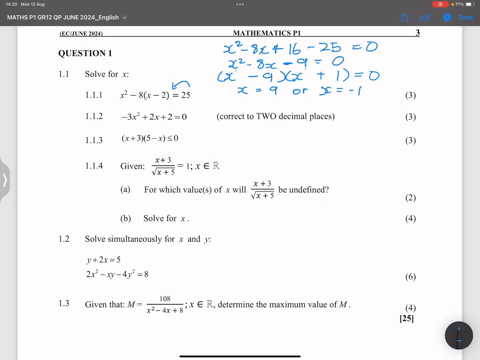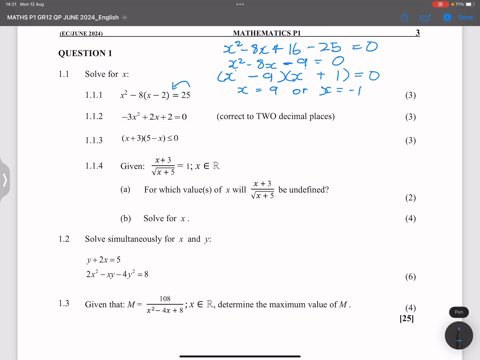Now let's go to the second question. They say to us minus 3x squared plus 2x plus 2 equal to 0. So this is in terms of the standard quadratic form already. They said give the answer correct to 2 decimal places. So already this tells us that we are going to use the quadratic formula.